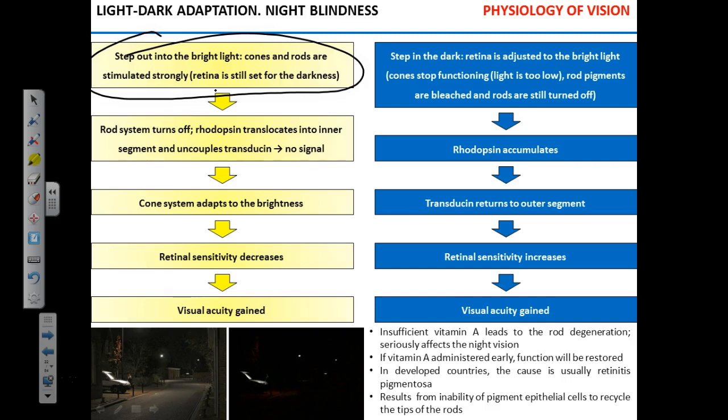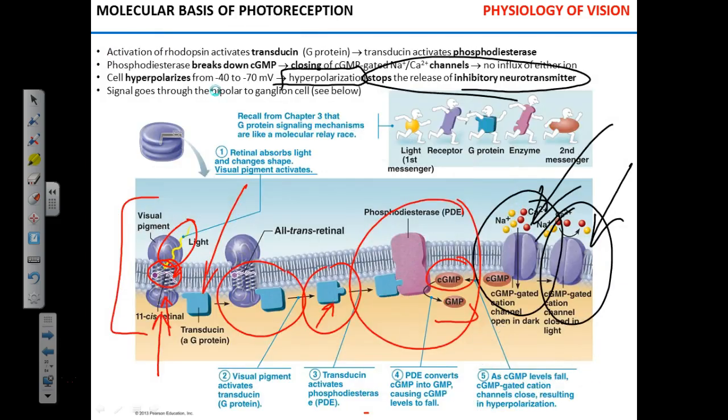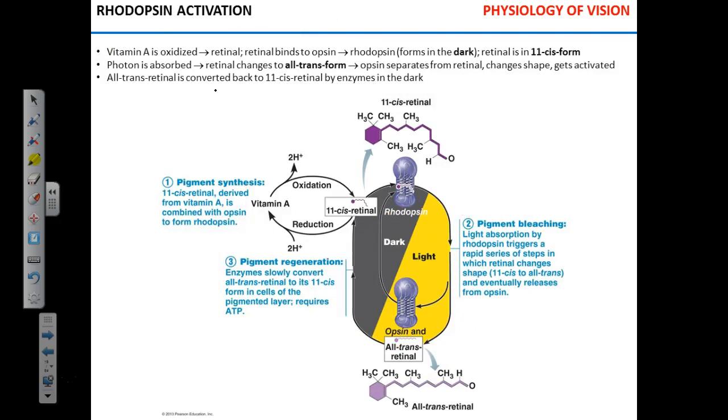Okay? So what happens? They are bleached out immediately. All rhodopsins dissociate. Okay, so the opsin component and the retinal component dissociate.